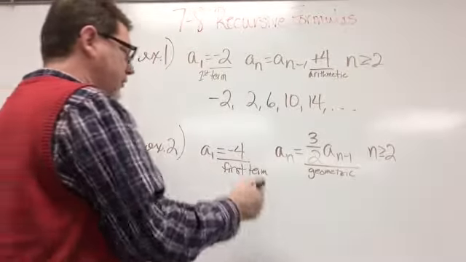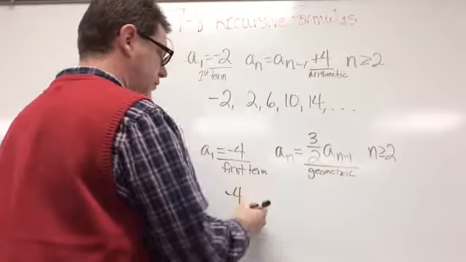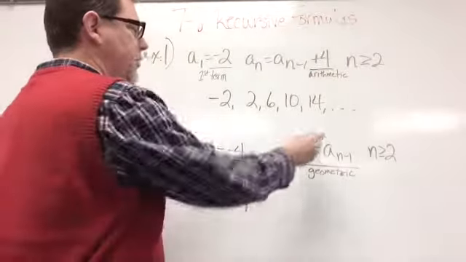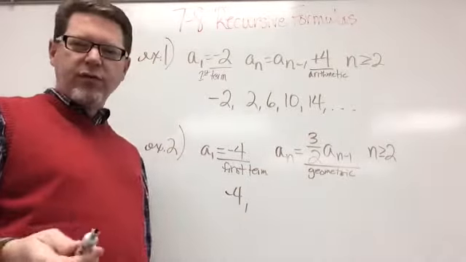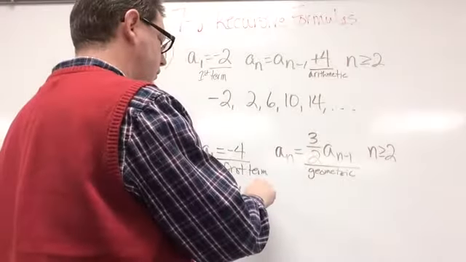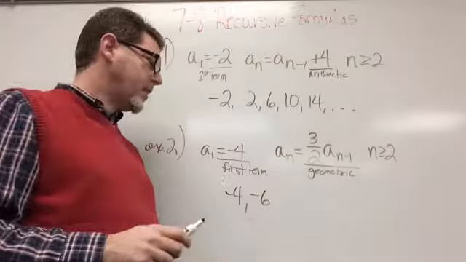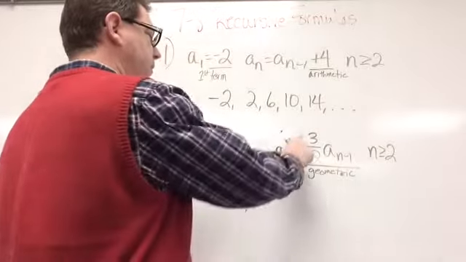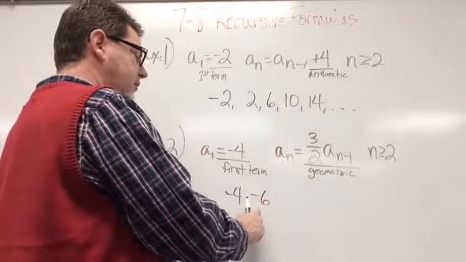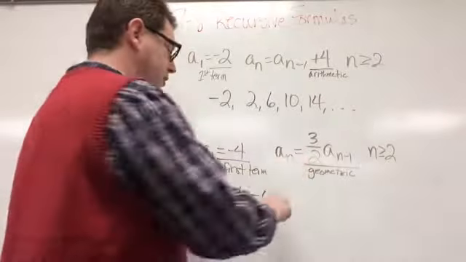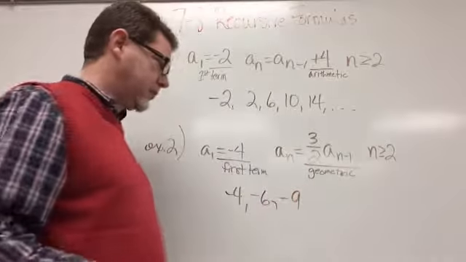So we're going to start with our first term, which is negative 4. And then negative 4 times 3 over 2 is negative 12 over 2, which equals negative 6. And then we take negative 6 and multiply it by 3 over 2. That would be negative 18 over 2, which is negative 9.